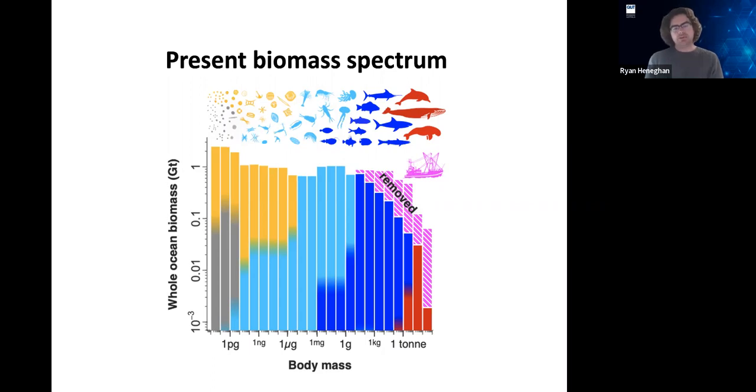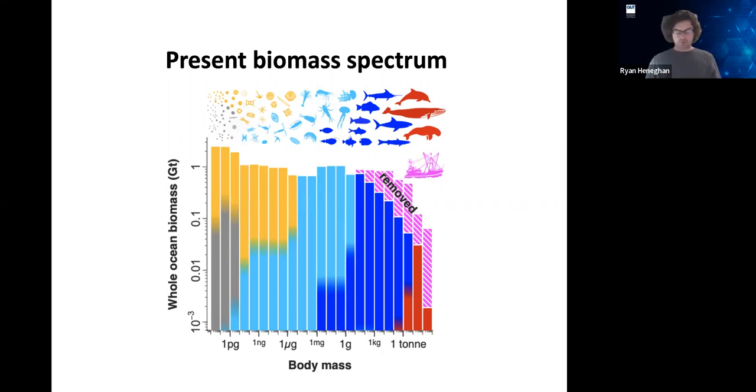As far as we can tell, at a global scale, what's sustaining the majority of the biomass in the oceans is net primary production. That's phytoplankton creating new organic matter that gets fed through the system and sustaining all that biomass.